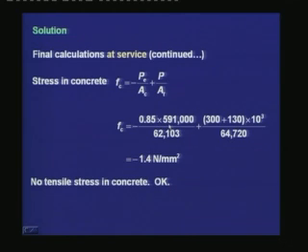Once we substitute the values of PE, which is equal to 85% of the prestress at transfer, and we are substituting the external force as 300, the dead load, plus 130, the live load, and we are substituting the accurate values of AC and AT, we find that the stress in the concrete is minus 1.4 Newton per millimeter square at service. Thus, there is no tensile stress in concrete under service loads, and it satisfies the objective of the design.